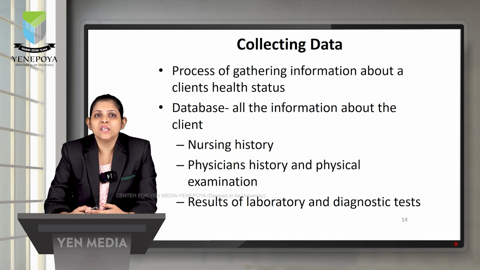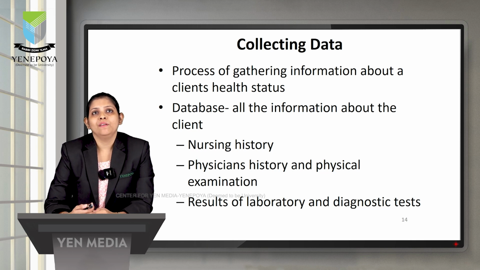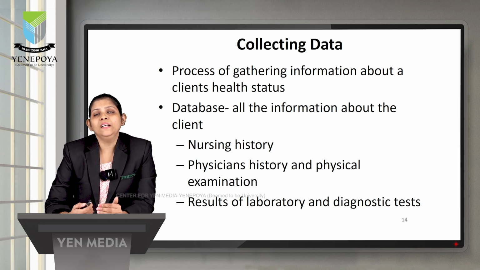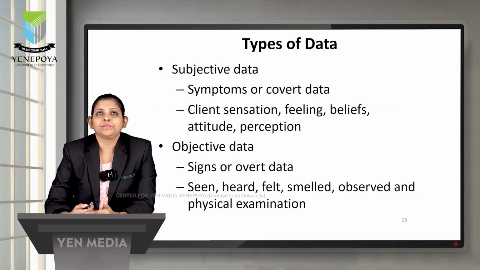It can be through nursing history, it can be through physician's history or physical examination, or the results of the laboratory and diagnostic test. So blood test report or ultrasound report, CT report, etc. We can refer all the databases for the information. So gathering data or gathering information is very essential in order to provide a better care.